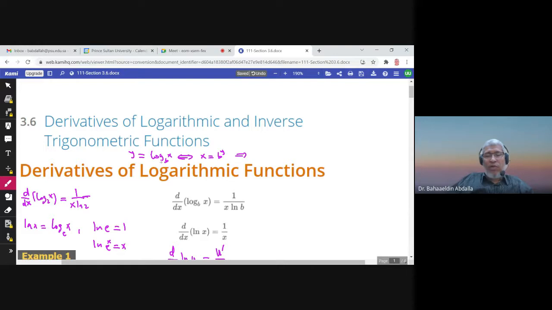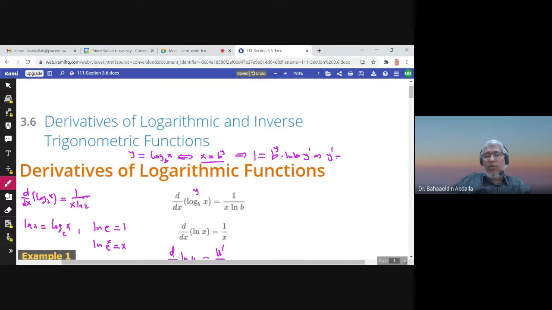If y equals log x to the base b, if we call this function y, then x is b to the power y. Now we can take the derivative of both sides of this equation with respect to x. Derivative of x is 1, and derivative of b to the power y is b to the power y times ln b times y prime using the chain rule.